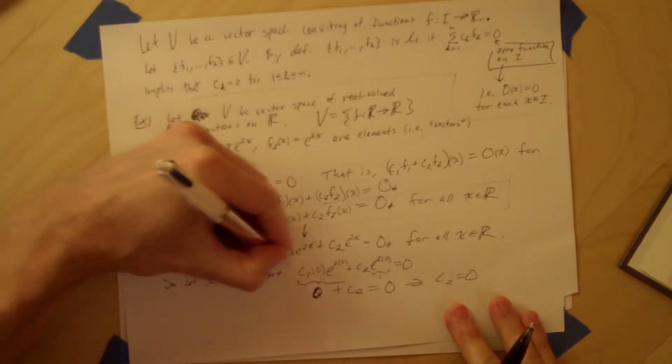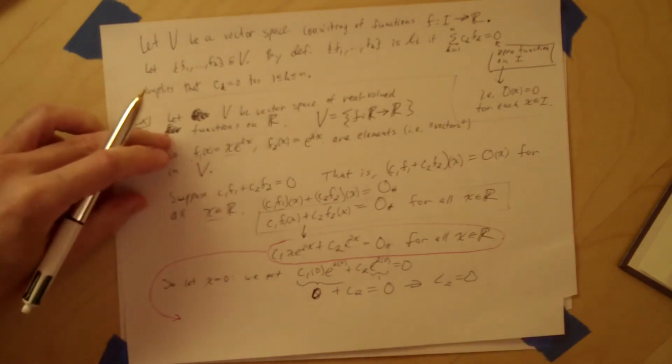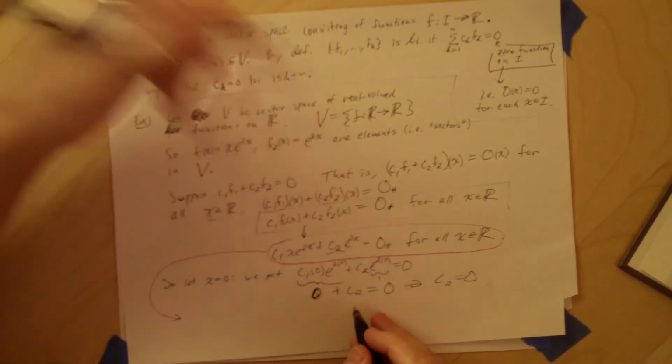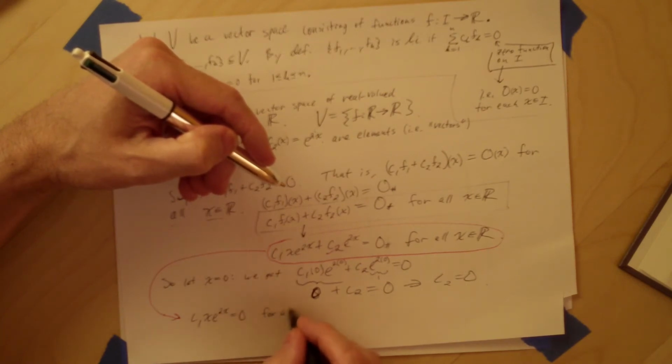That kind of blows that away. Now we have c1 x e^(2x) is equal to 0 for all x an element of the reals.